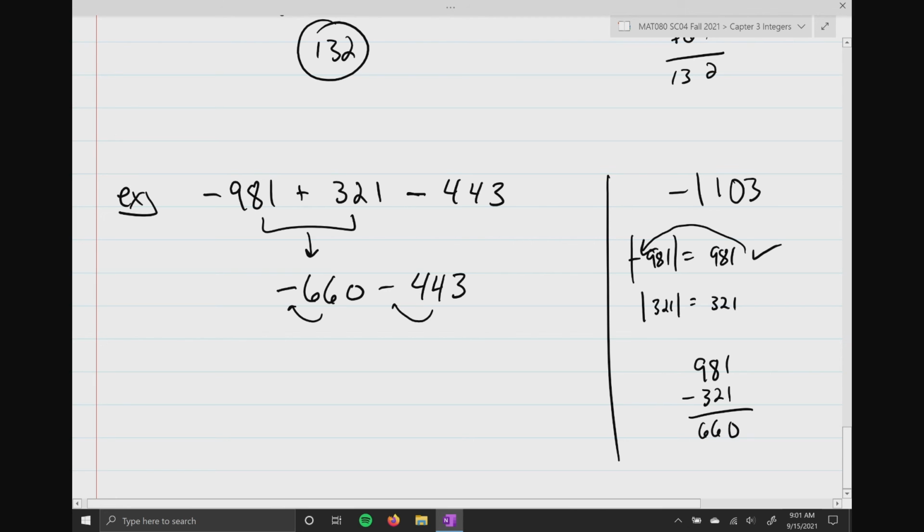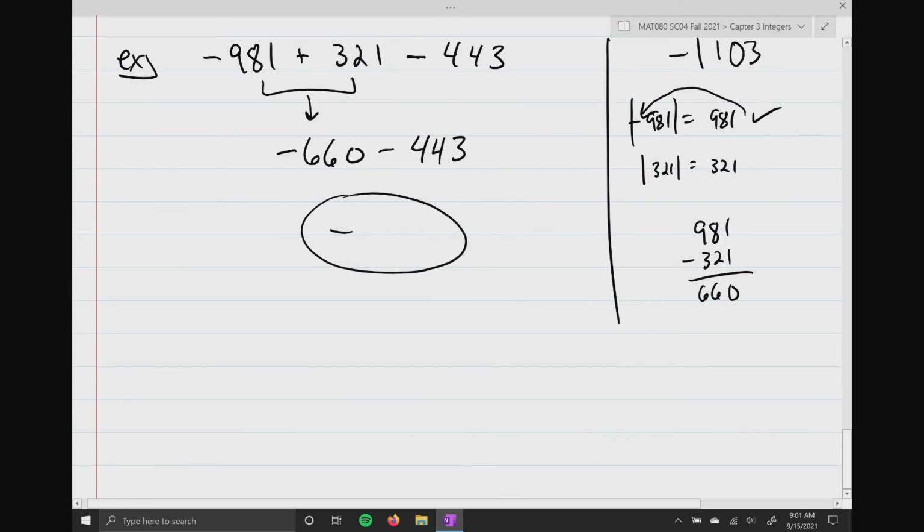So I'm going to combine the numbers, add them together, keep the sign. So I know my answer is negative. 660 plus 443. Well, 0 and 3 is 3. 6 plus 4 is 10. Carry the 1. 6 plus 4 is 10, plus 1 more is 11. So negative 1,103. Stevie, I think you gave that to me, right? Good job. Excellent job.